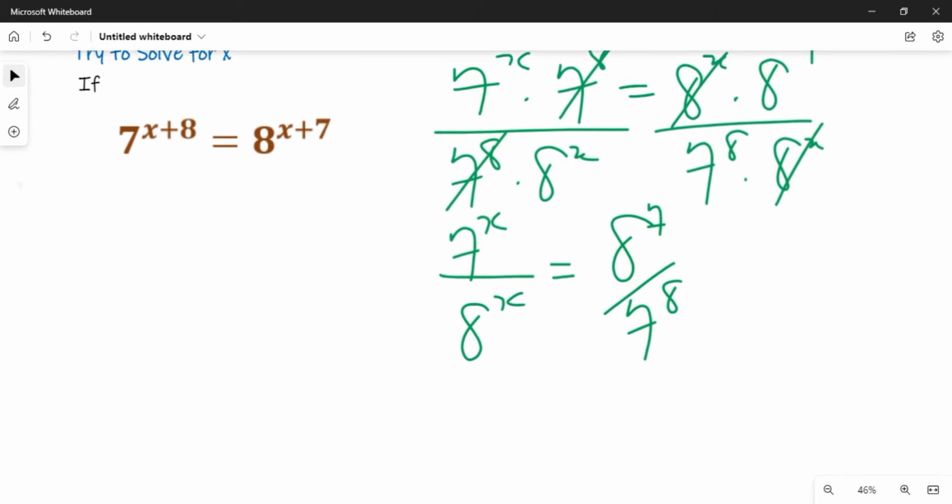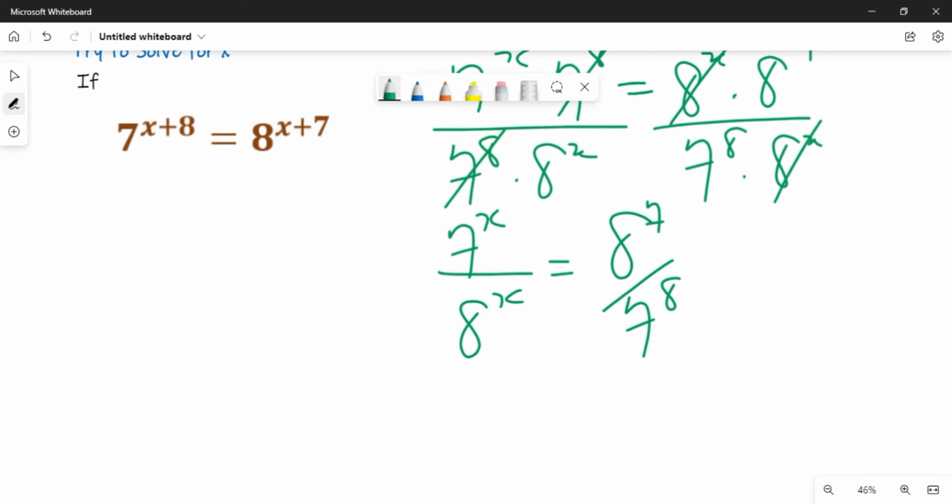Good. Now, having gotten to this part, all you simply need to do is to simplify further.